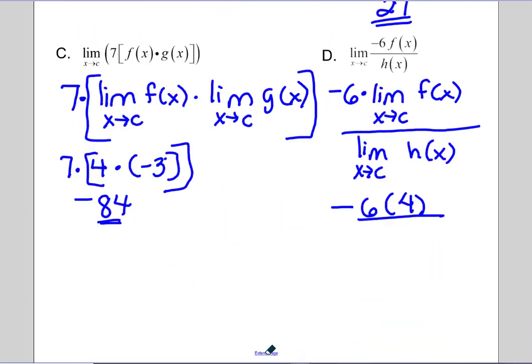So we have -24 divided by 9, and we could get rid of a factor of 3 here. 3 divides 6 2 times, and 3 divides 9 3 times, so -8 over 3 is our limit.